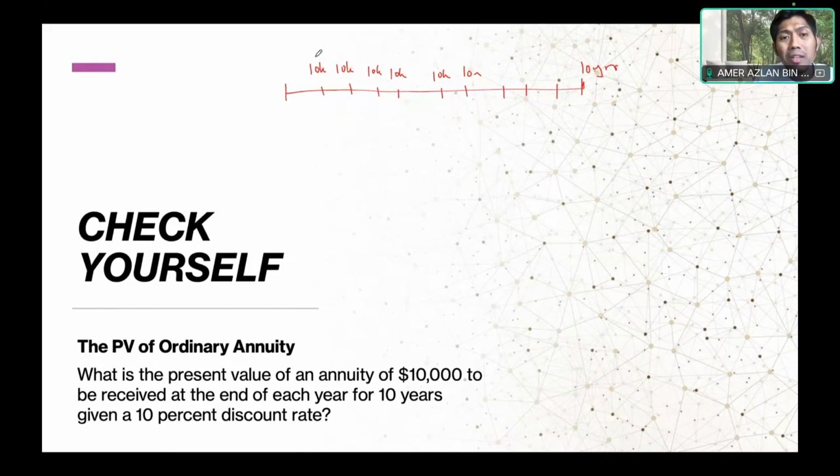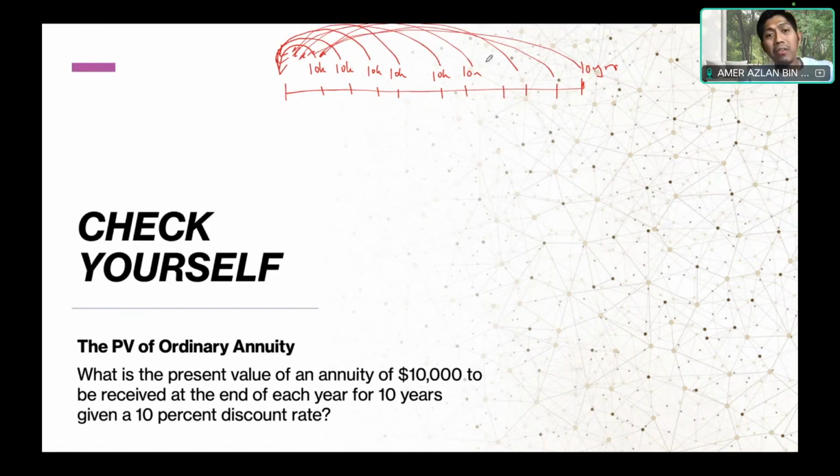In other words, what is the present value of every stream of future cash flows of 10,000 that you are going to receive every year in the future? This is what we want to find out. Okay, what is the value of the 10K that you are going to receive every year? What is the present value today? Okay, if the discount rate is 10%.